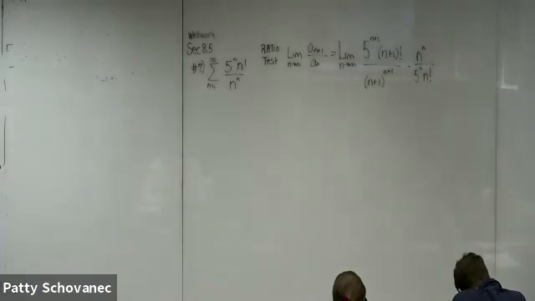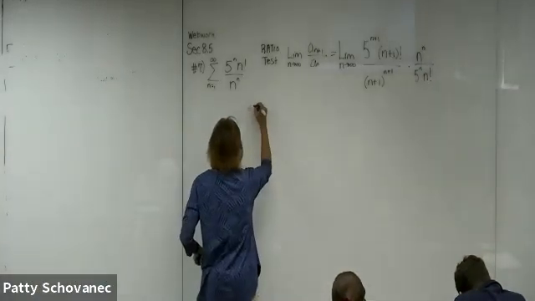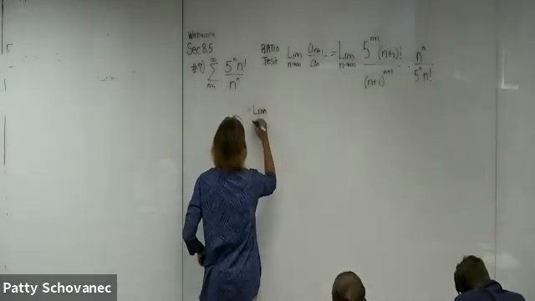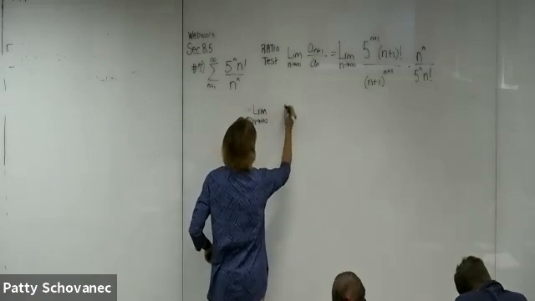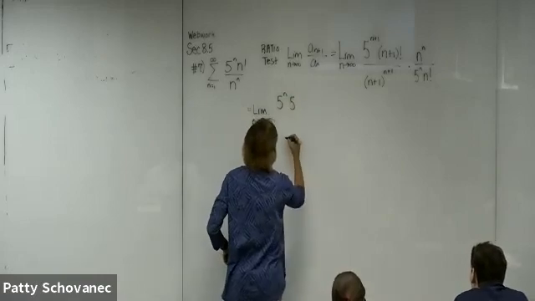And then what we typically do is write that n plus 1 factorial as n plus 1 times n factorial. And then we take the exponents that are sums and write them as the product of the bases. So I'm going to write the 5 to the n plus 1 as 5 to the n times 5 to the 1.